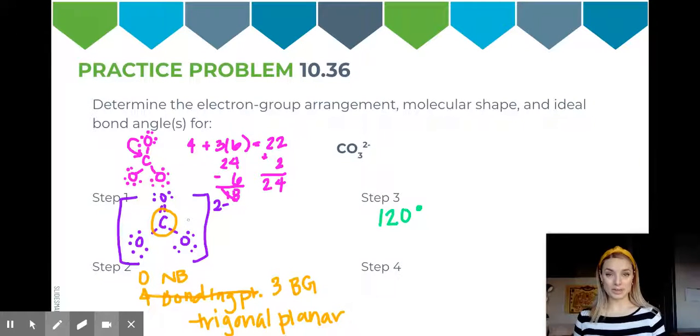Because of the increased electron density in the double bond, there is going to be a decrease in the bond angle between these two oxygens. So our ideal bond angle is 120 degrees. However, due to the fact that we have a double bond, we are going to have an actual bond angle of less than 120 degrees.